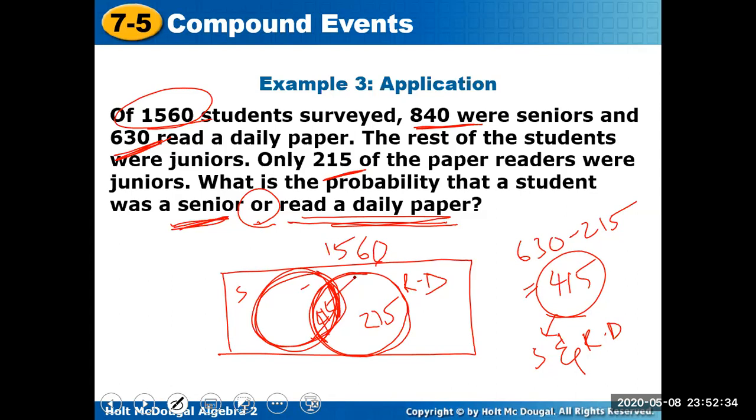All right. I'll show a clear diagram after the explanation. And then, there were a total of 840 seniors. So if 415 are here, that means the remaining should be here. So 840 minus this 415, which is 425, right?